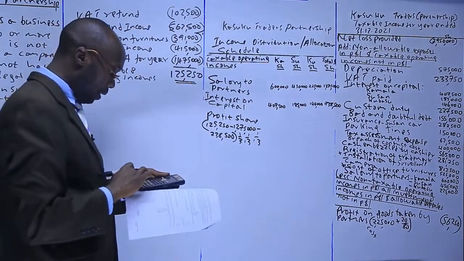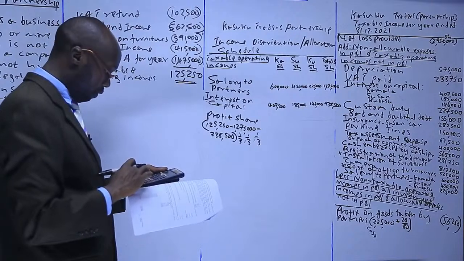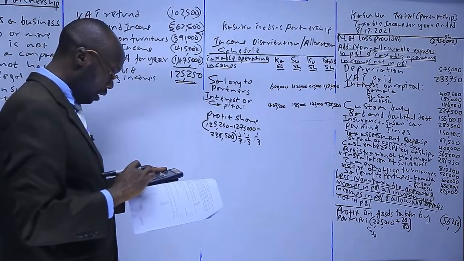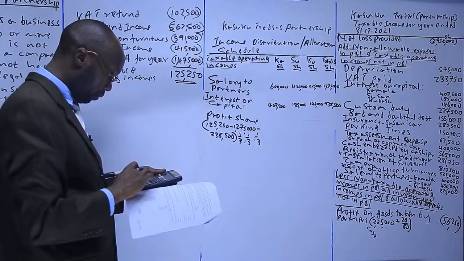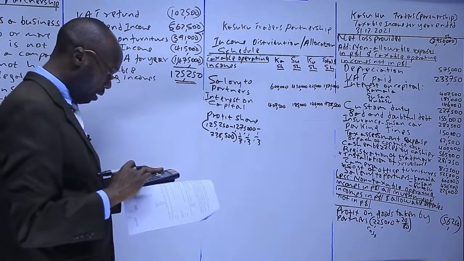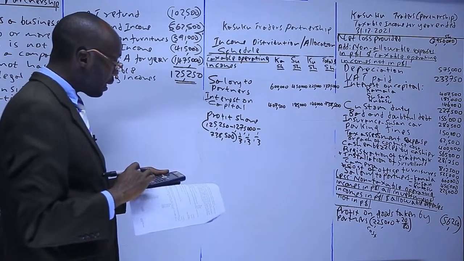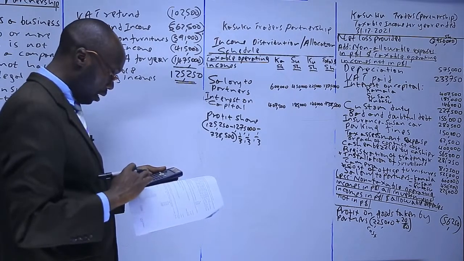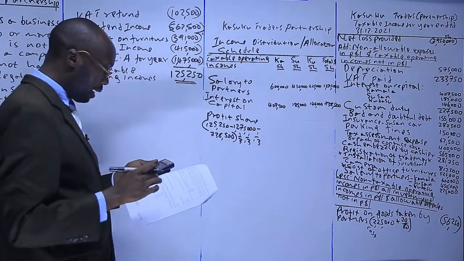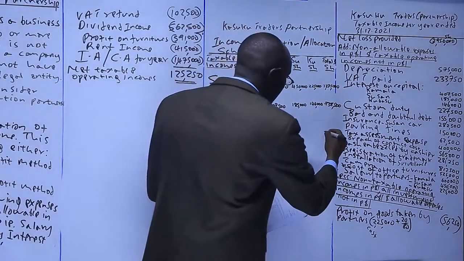We'll start with 125,250, and then we minus 1,275,000, and then we minus 738,500. Then we have negative. It will be negative.